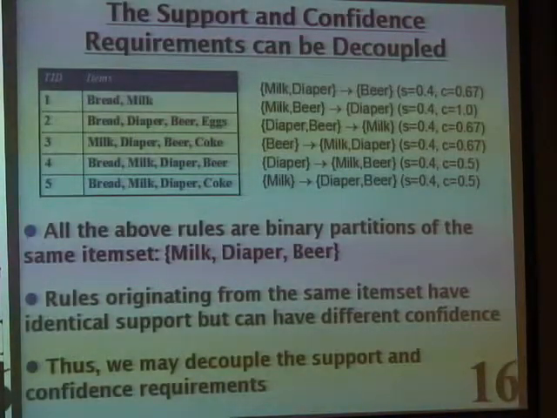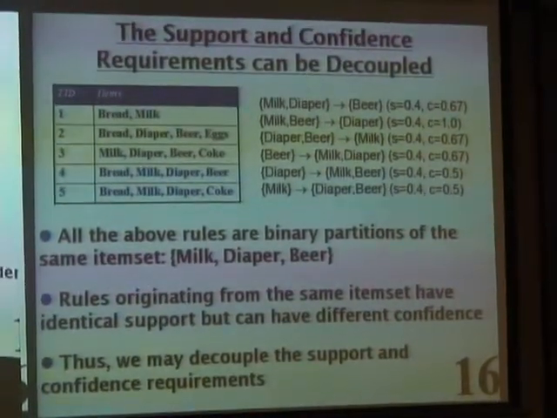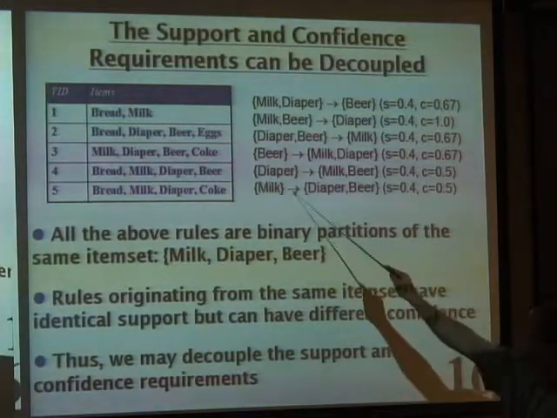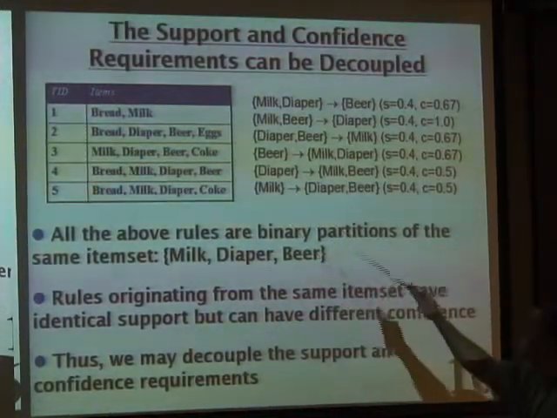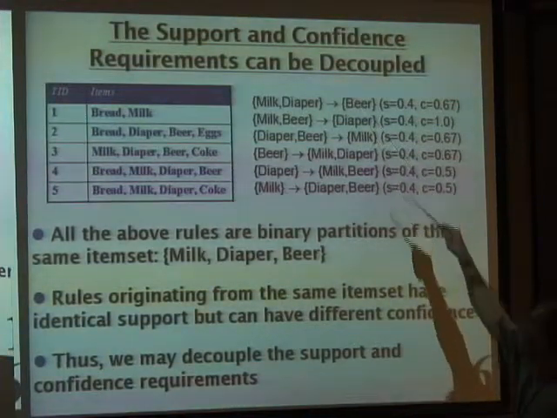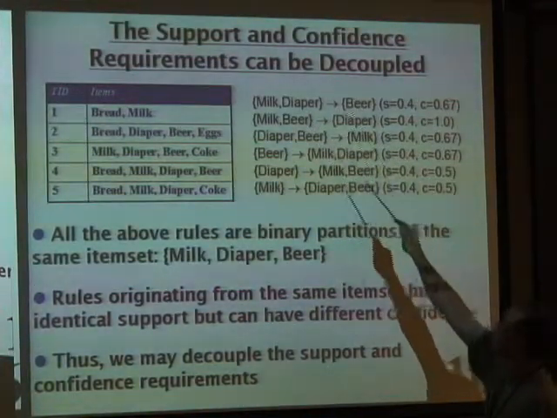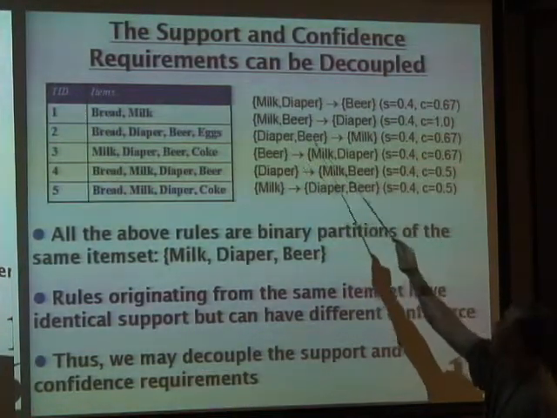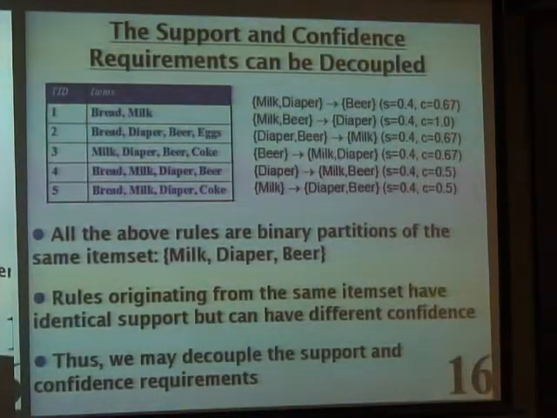The first thing that you notice is that you can decouple the support and confidence requirements. Because whenever you calculate support, the support of an association rule ignores the arrow and ignores what's on both sides, right? So, for example, all these rules involve milk, diaper, beer, right? Milk, diaper implies beer, milk, beer implies diaper, diaper, beer implies milk. All of these association rules are going to have the same support.